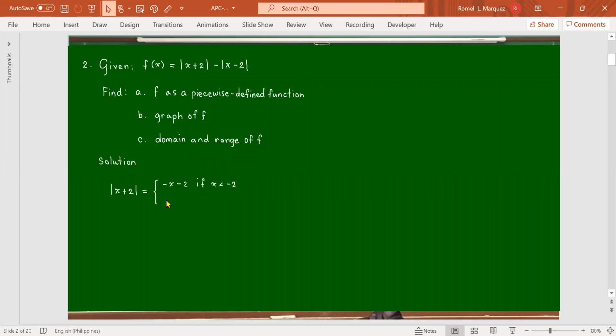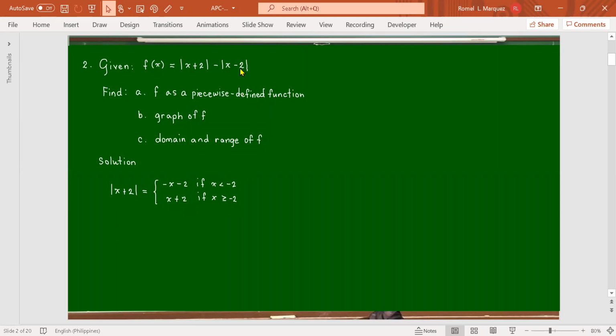Am I right, guys? And then it is x plus 2, we just copy, if x is greater than or equal to negative 2. These two expressions are connected at x equals negative 2. Am I right? So the graph of this is connected at x equals negative 2.